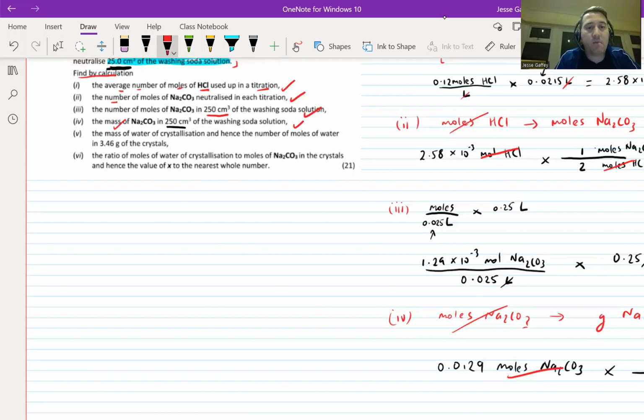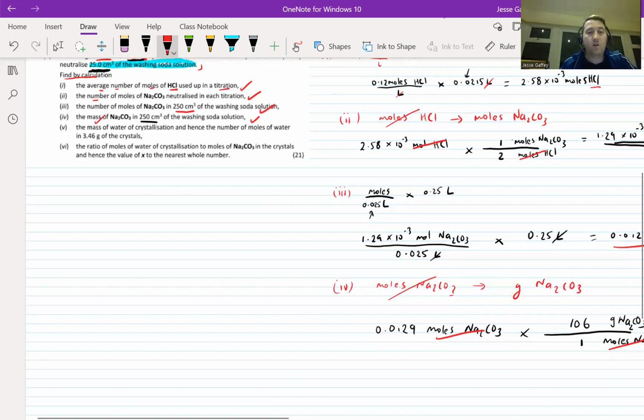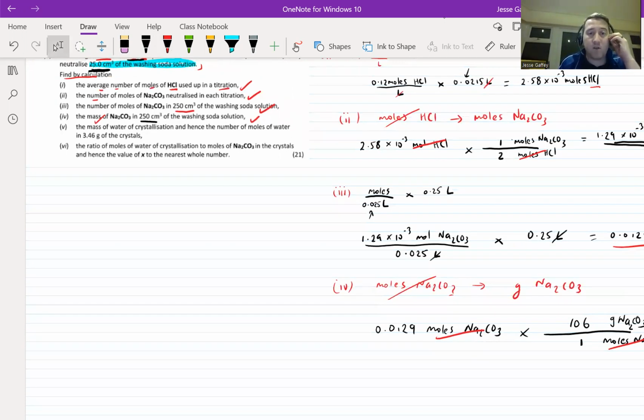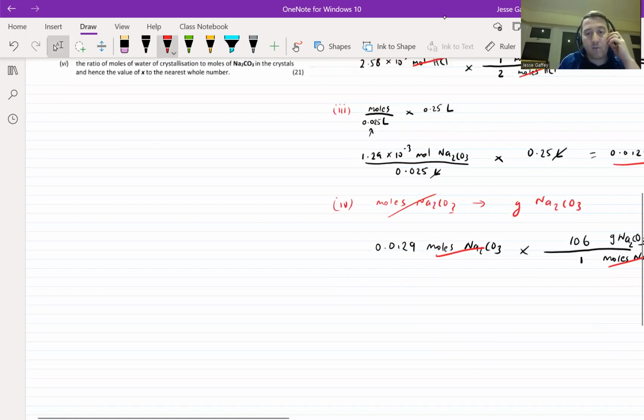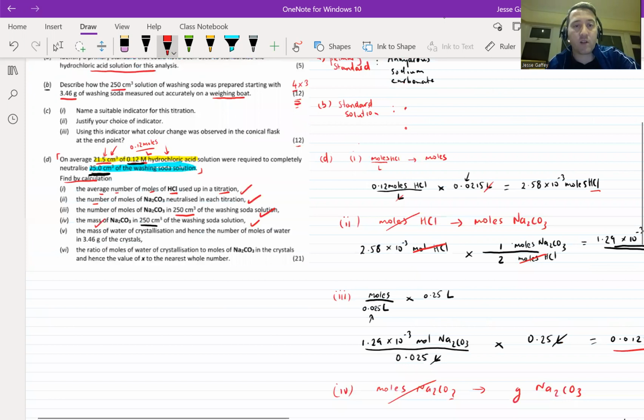Now it says find the mass of water of crystallization, and hence the number of moles of water in 3.46 grams of the crystals. Okay, interesting. Find the mass of the water of crystallization. Okay, so part 5. How can we figure out the mass of the water of crystallization?